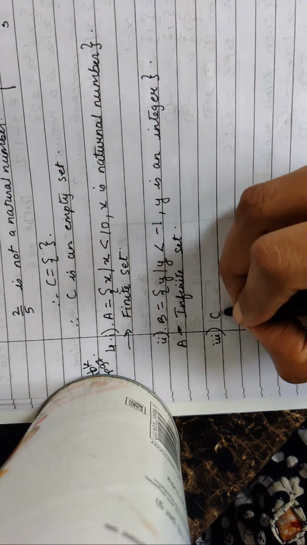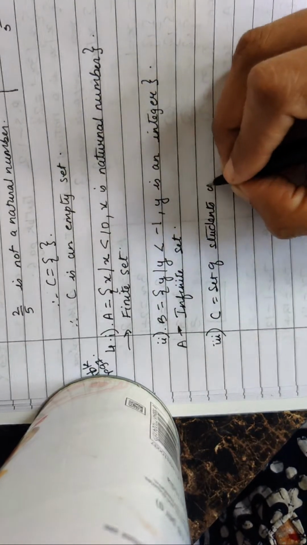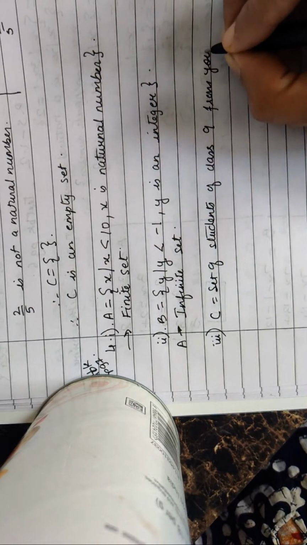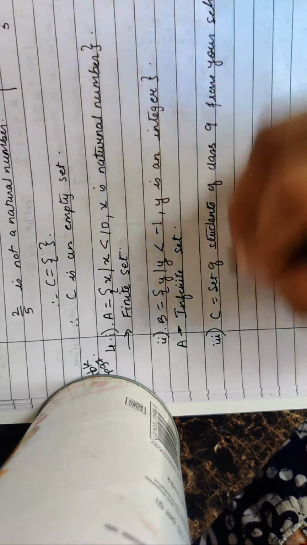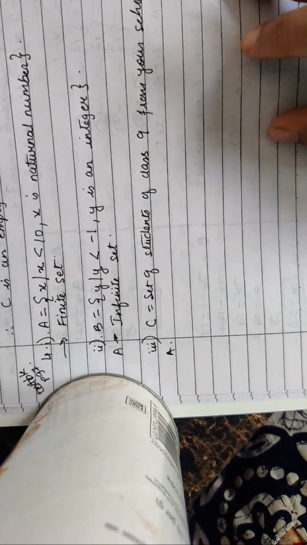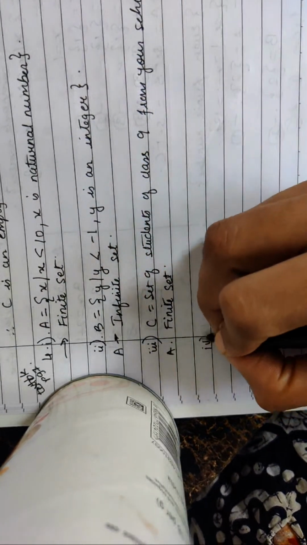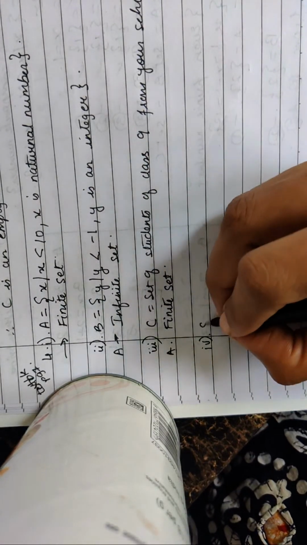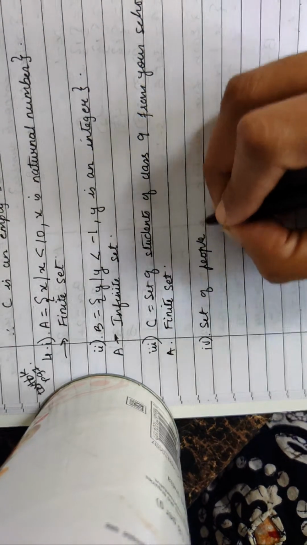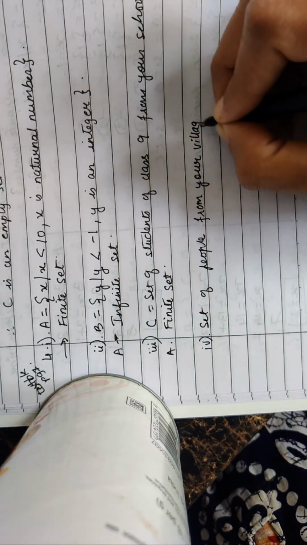Okay, C is set of students of class 9 from your school. Okay, so you know how many students are there in your class, you can count them. So this is a finite set. Next, fourth one, set of people from your village.